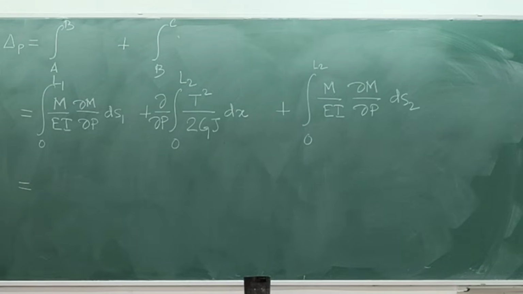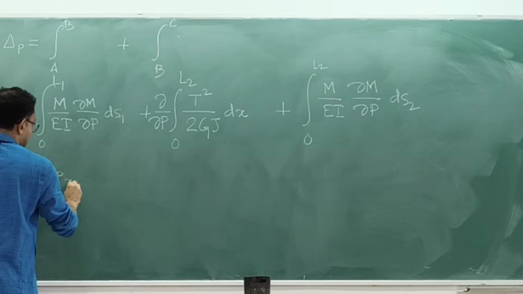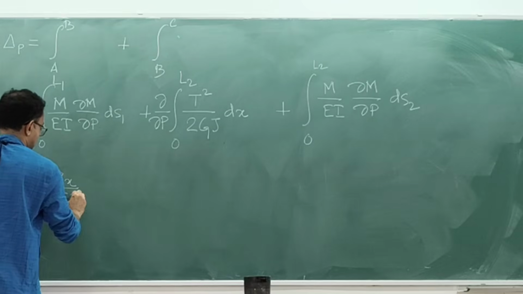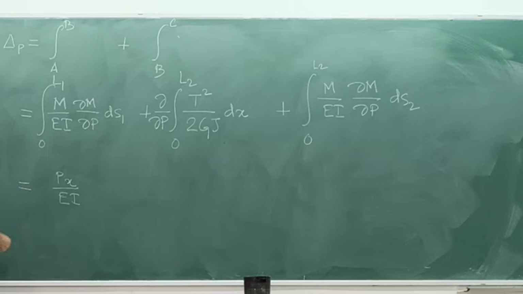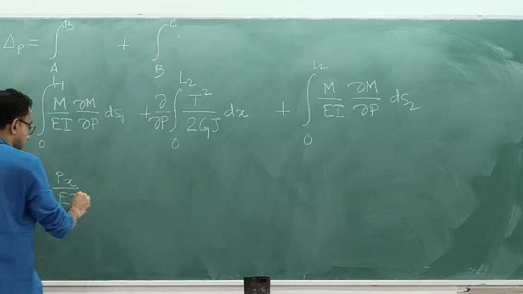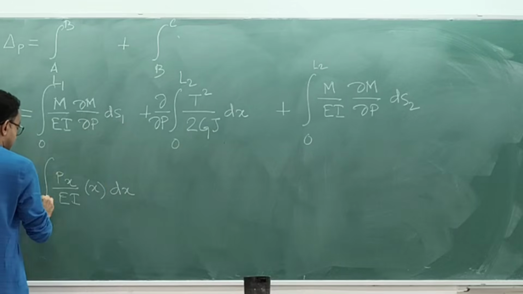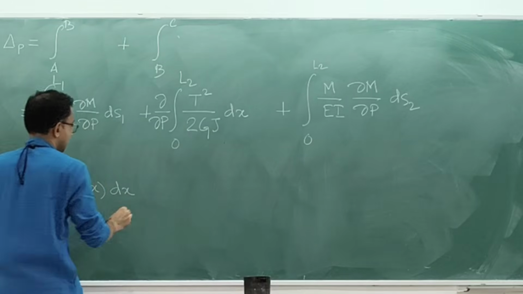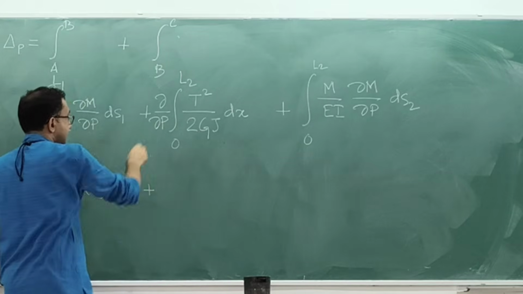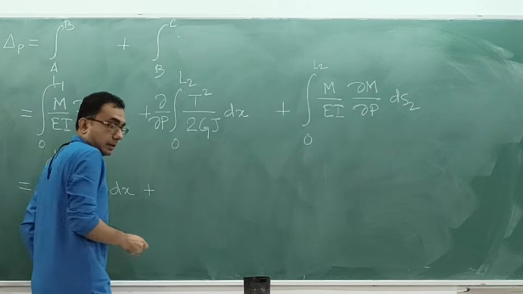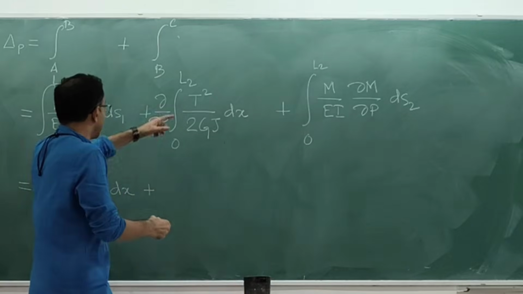Now you tell me what is the M. Very quickly. Now you have done sufficient number of problems. Tell me what is the M? Px. If M is Px, then del M del P is what? X. Now this thing, I will make the change over here only.